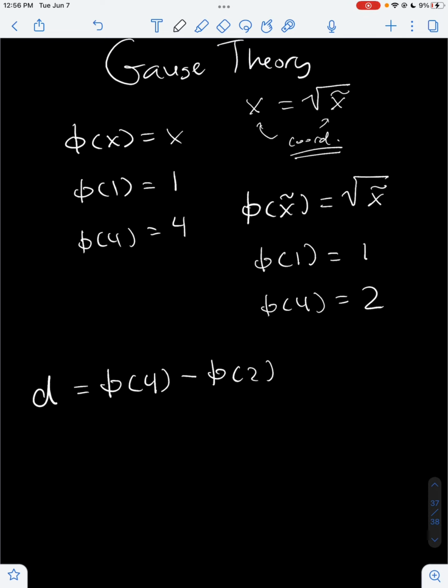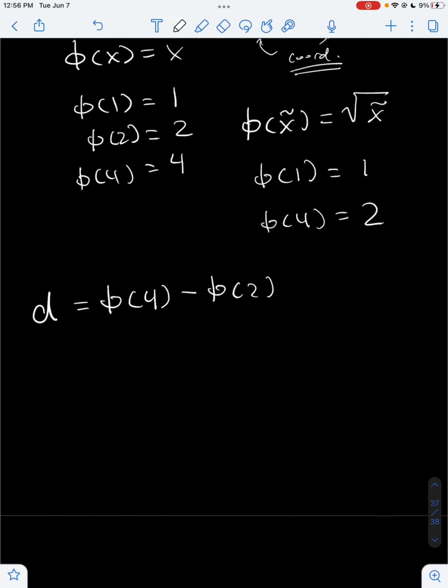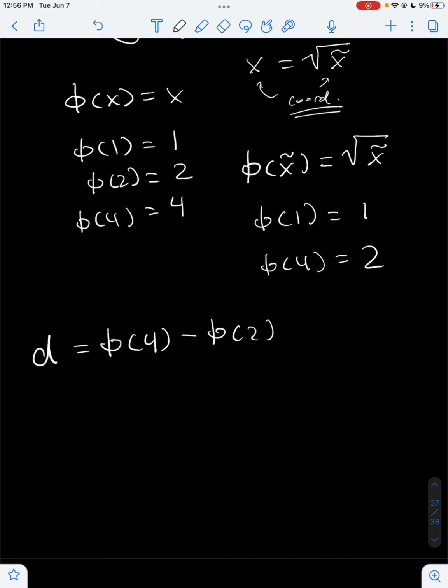Now phi of 2 is just going to be equal to 2. Actually, let's use a nicer value, because we get the square root of 2 in our new system. So let's actually use phi of 9 and phi of 4.